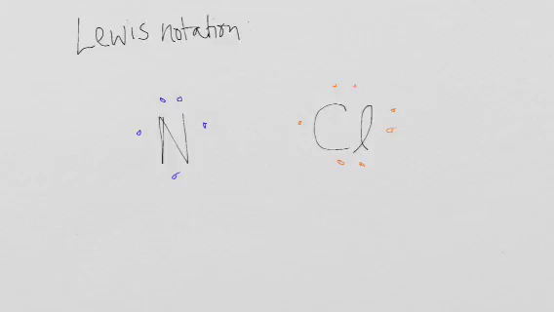Okay? 2 on the north, 2 on the south, 2 on the east, 2 on the west is a full valence shell. So if I tell you that there is an element with a Lewis notation of 8 in period 4, what element am I talking about?